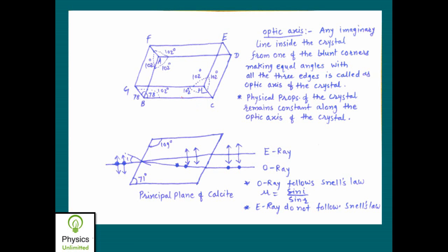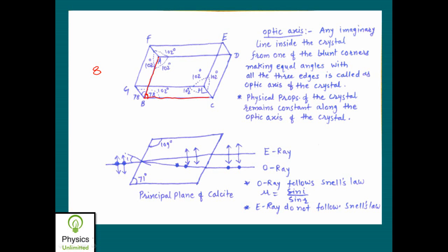Now there are 6 faces, and how many corners are there in this rhombohedron? 8 corners. Now out of these 8 corners of the rhombohedron, at 6 corners of the crystal, here you can see this angle with this face which is ABC. If you look at this face, then this angle is an acute angle of 78 degrees.